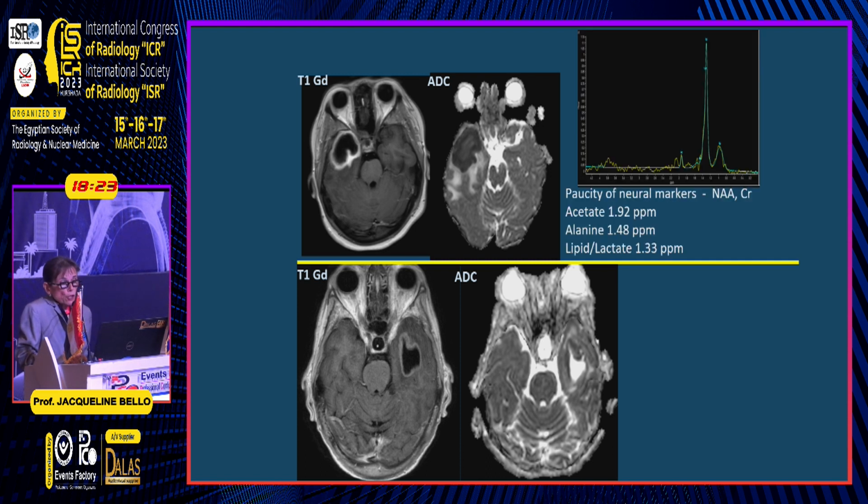The top patient also shows very few neuronal markers and acetate and alanine peaks, as well as a lipid and lactate peak. So the top patient with diffusion restriction and some amino acids prominent as well as lactate has an abscess, and the lower patient, a metastatic lesion.